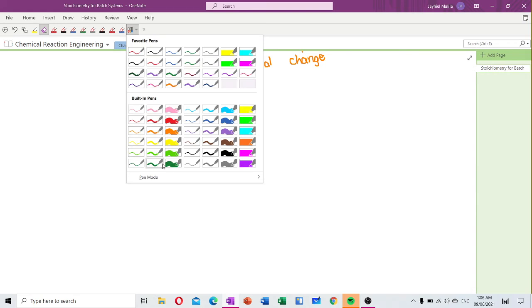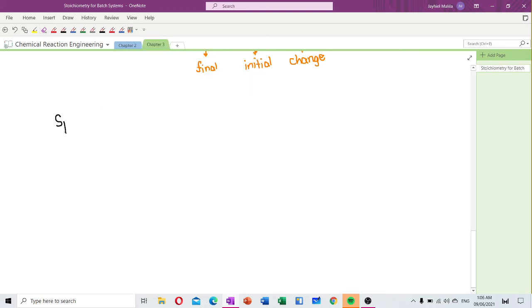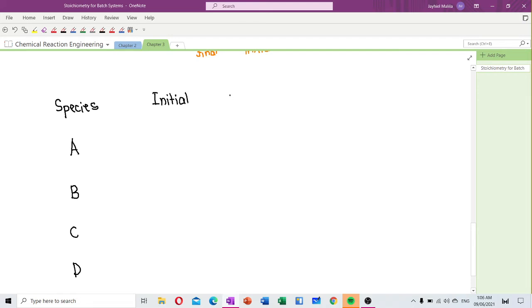Let's have the species: A, B, C, and D. Then we have the initial terms, and we also need to know the change terms, or how much was consumed or how much was generated.